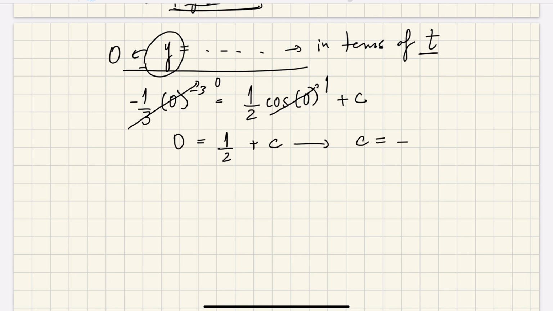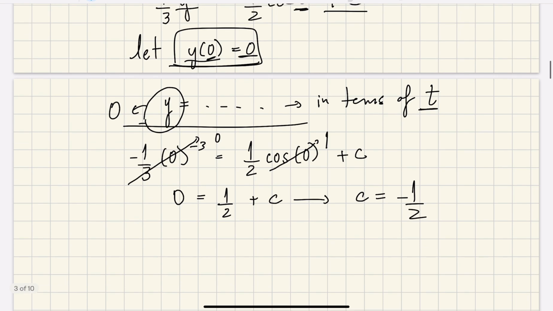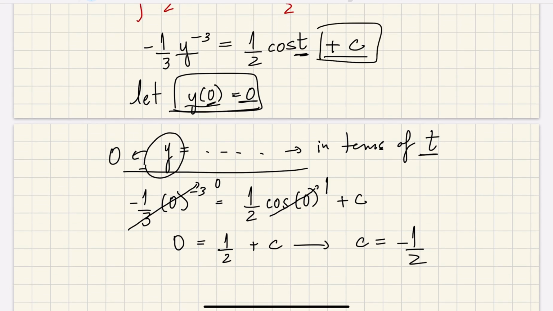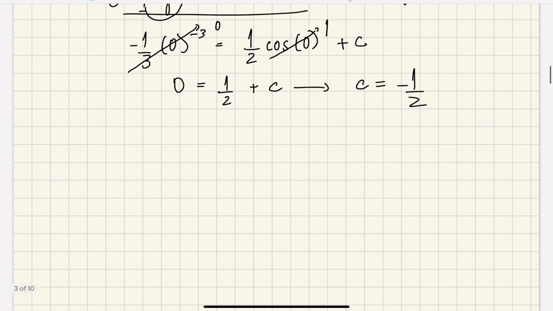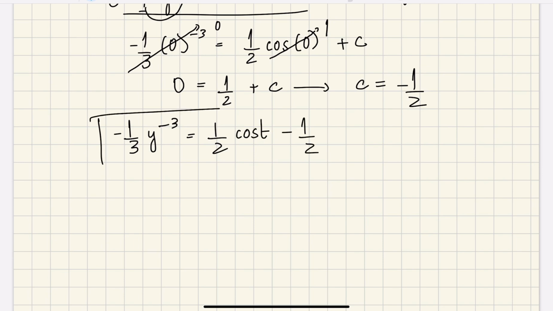So our c is negative 1 over 2. If we put in our c, our final answer becomes negative 1 over 3 y to the negative 3 is equal to 1 over 2 cosine t minus 1 over 2. And this is our final answer.